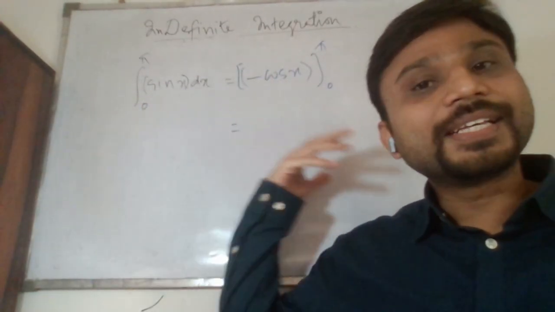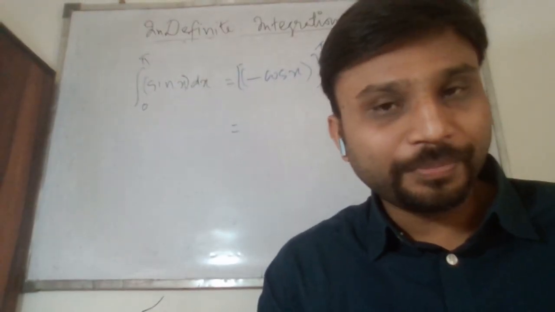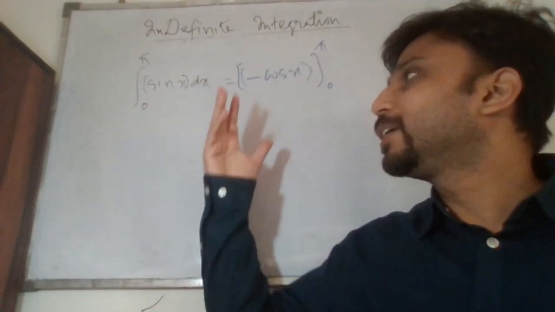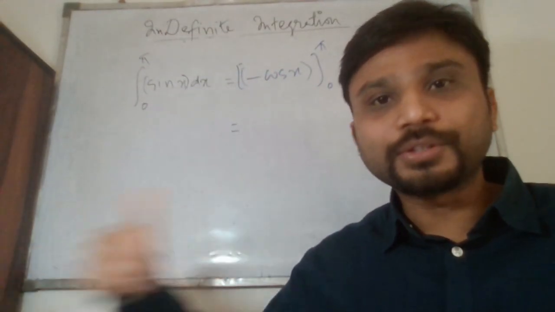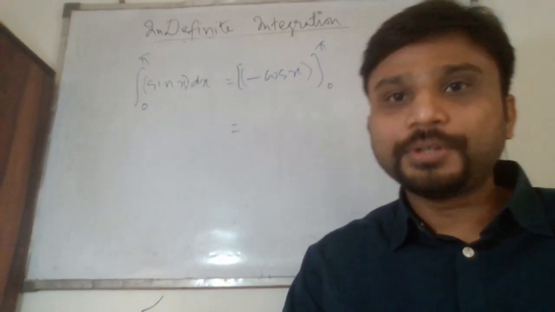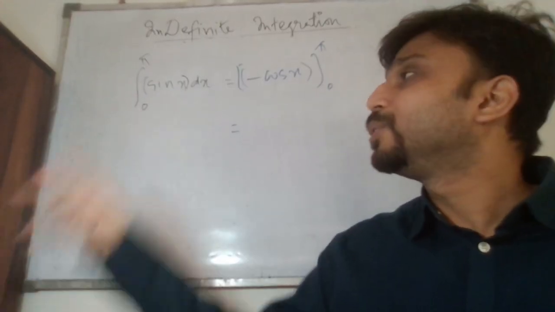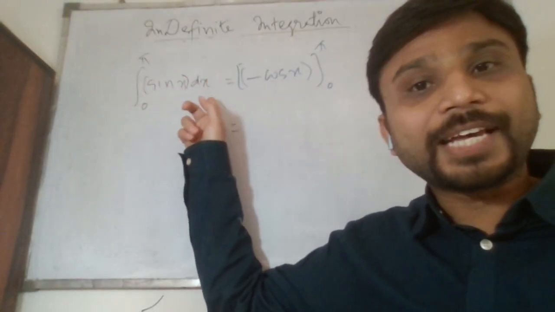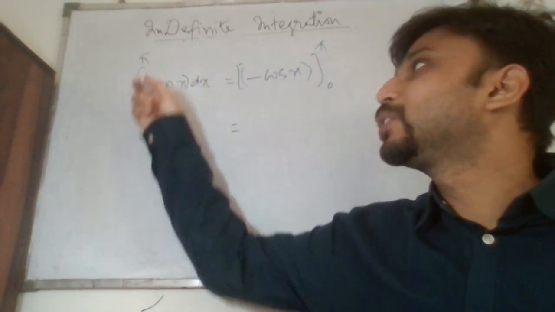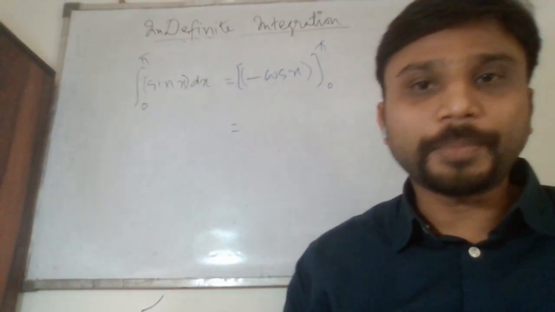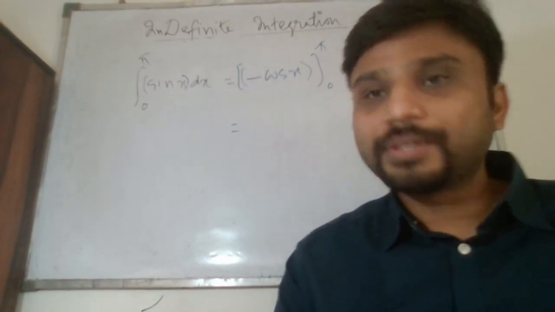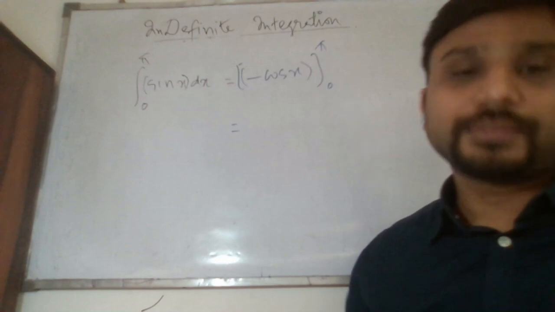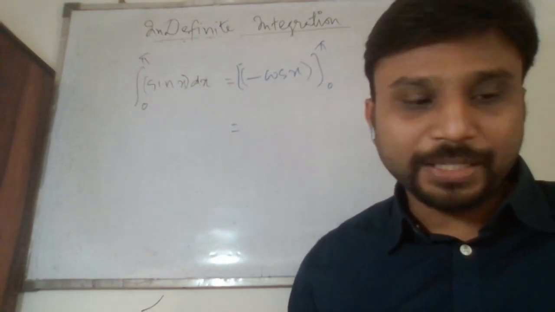So integration is helping us in that way only. Integration is saying that the velocity is not constant, so you cannot directly multiply it. What you can do is take a velocity v, multiply it with a small time, and add up all the small displacements from 0 to pi. Okay, so it gives you the complete displacement.